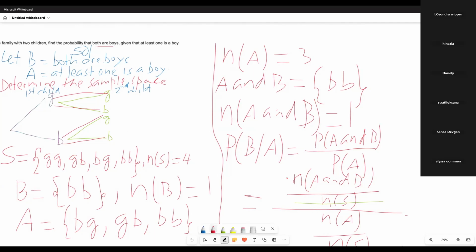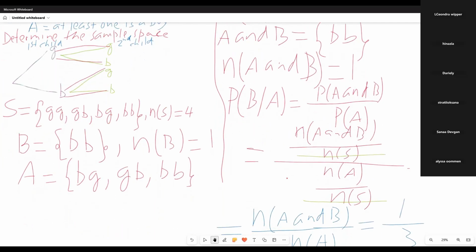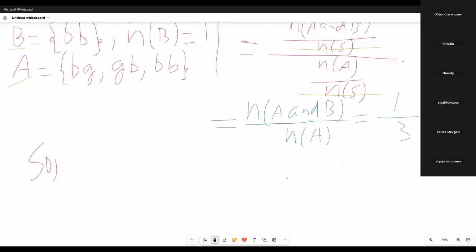Could you explain it? Okay, sure. Look at this set here and this one here, right? You can observe they have BB in common. Can you see that? Yes. So that's why it's 1. Okay. Thank you. Welcome.